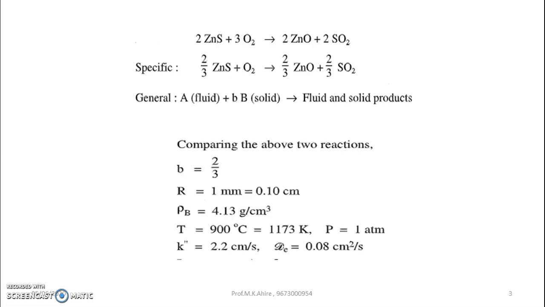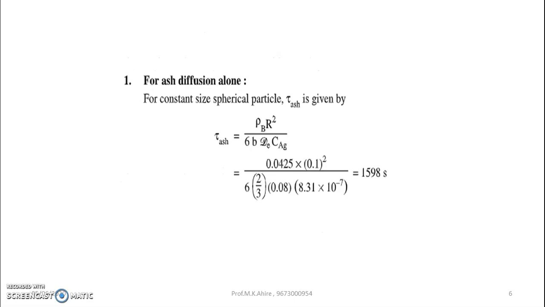So this is a molar density, you can see. The molar density is 0.0425 into R square divided by 6 into b, which is 2 by 3. dE is given as 0.08. Cag we have calculated. So we have got tau of ash as 1598 seconds.